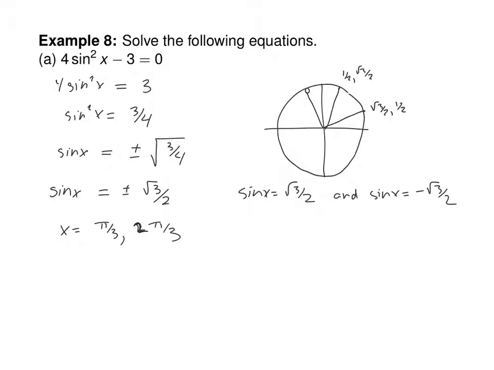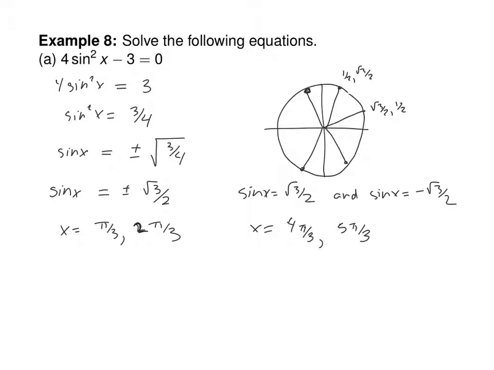So you've got pi thirds and 2 pi thirds. You also have x equals this one. The sine is negative root 3 over 2, right? So that would be 4 pi thirds, right? And this one, which is 5 pi thirds. You agree? Okay.